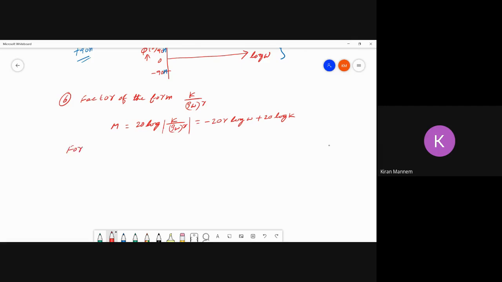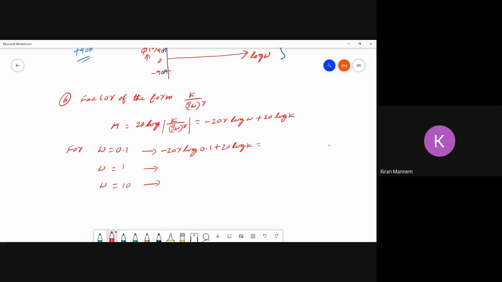Let us go with omega equal to 0.1, omega equal to 1 and omega equal to 10. So when omega equal to 0.1, what's the value? Minus 20r log 0.1 plus 20 log k.